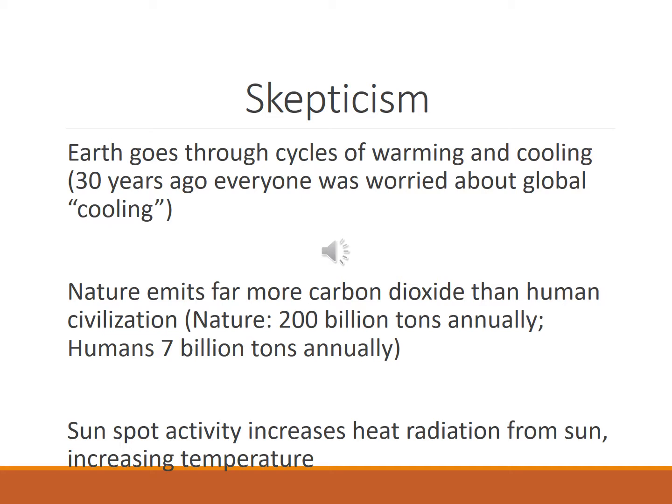In this case, 200 billion tons annually through natural processes versus humans producing 7 billion tons annually. The argument here is that, well, yes, nature produces 200 billion tons of greenhouse gases annually, but the Earth knows how to handle 200 billion tons of greenhouse gases annually. It can't handle the additional tonnage that humanity puts on top of that.